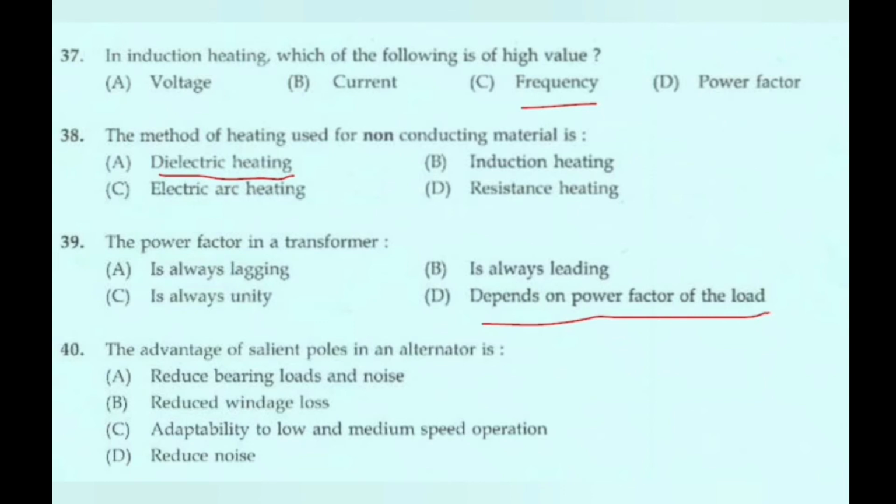Question number 40. The advantage of salient poles in an alternator is? Answer is option C, adaptability to low and medium speed operation.